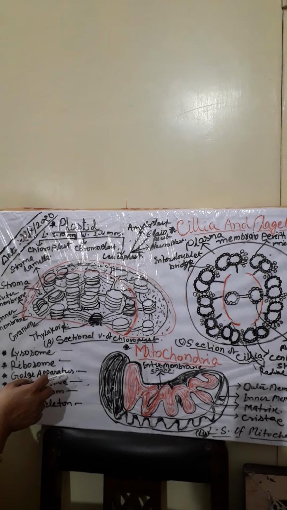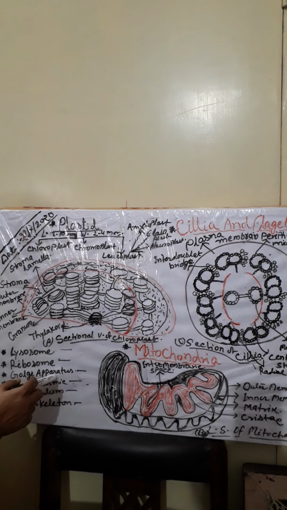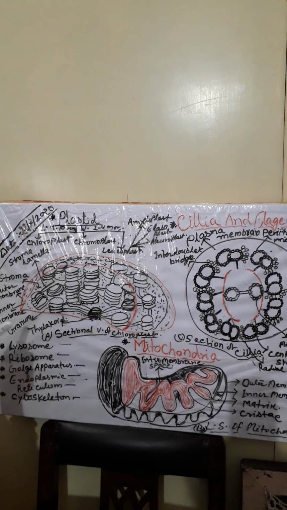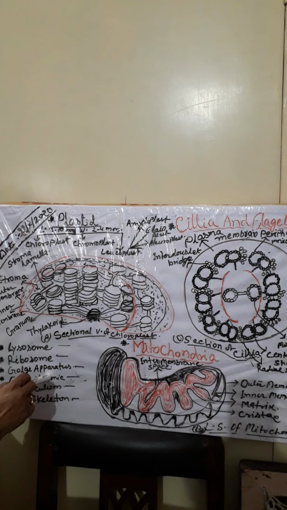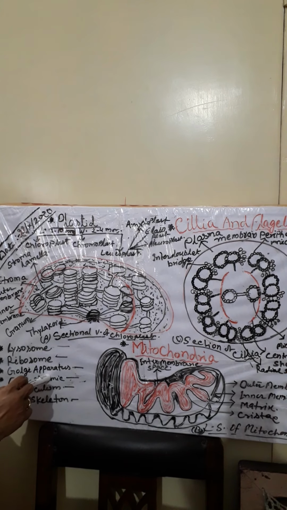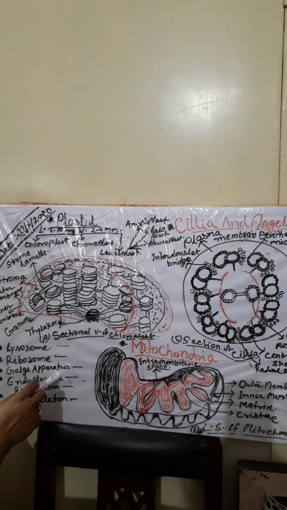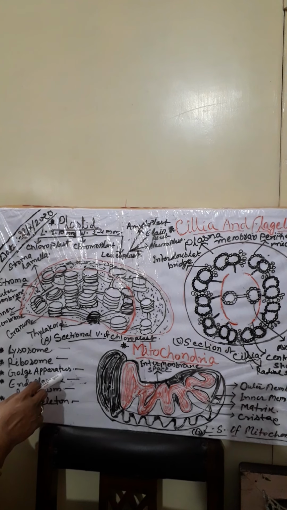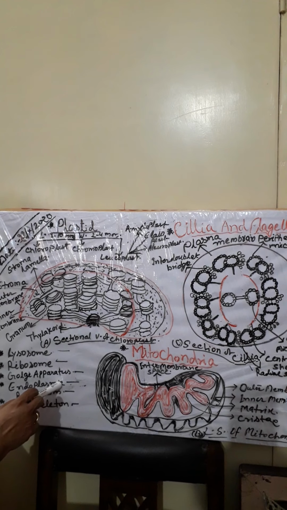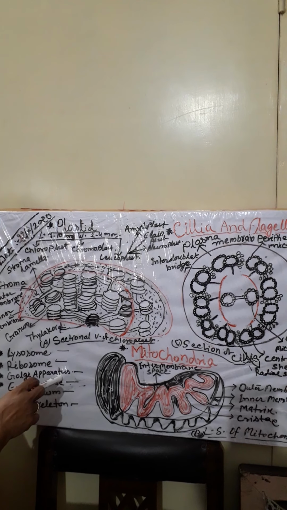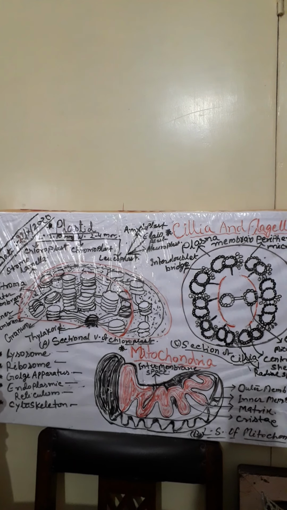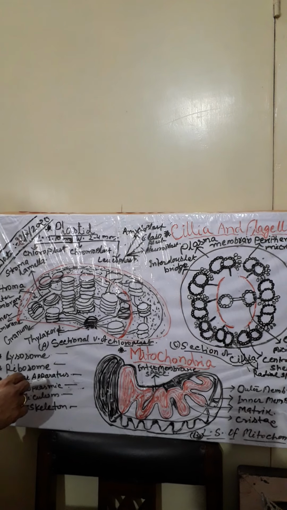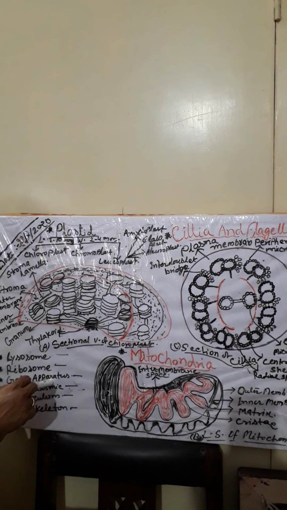Materials to be packaged in the form of vesicles from the endoplasmic reticulum fuse with the cis face of the Golgi apparatus and move towards the maturing face. This explains why the Golgi apparatus remains in close association with the endoplasmic reticulum.